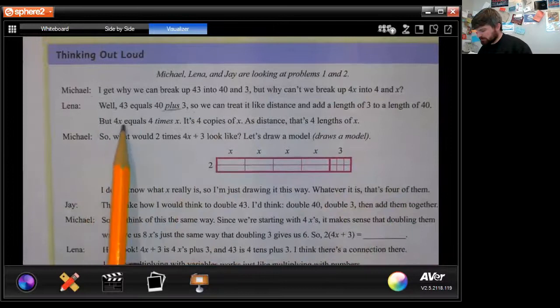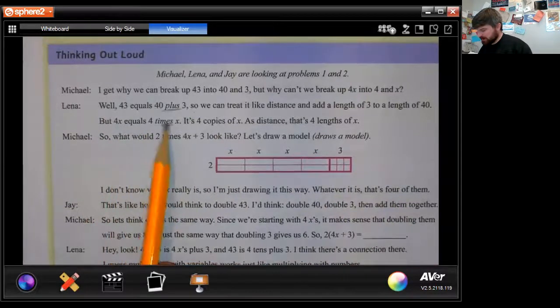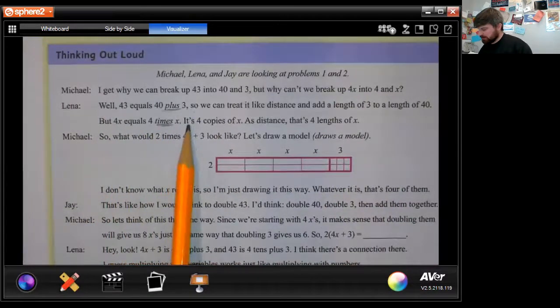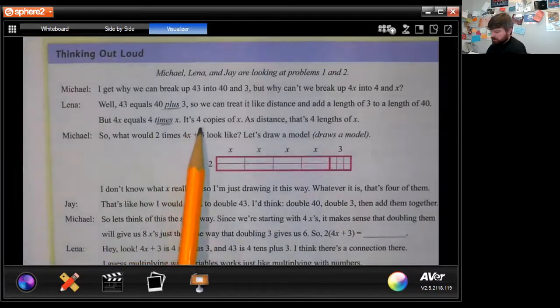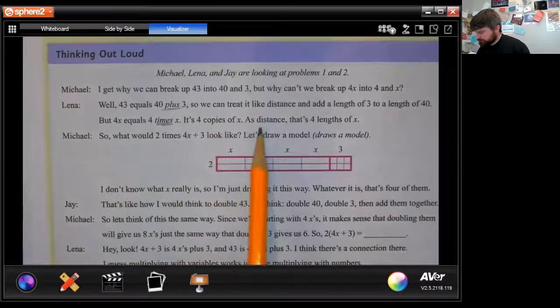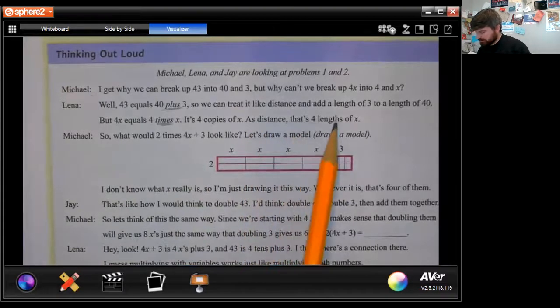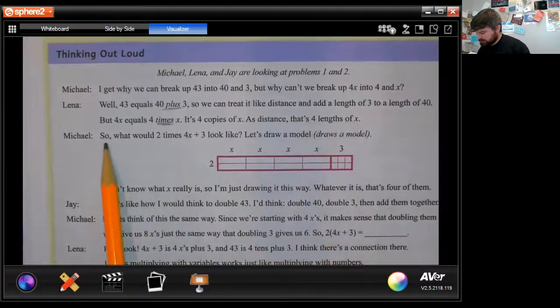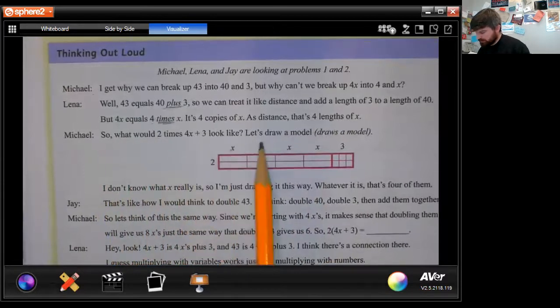But 4x equals 4 times x, and it's 4 copies of x. As distance, that's 4 lengths of x. Michael says, so what would 2 times 4x plus 3 look like?